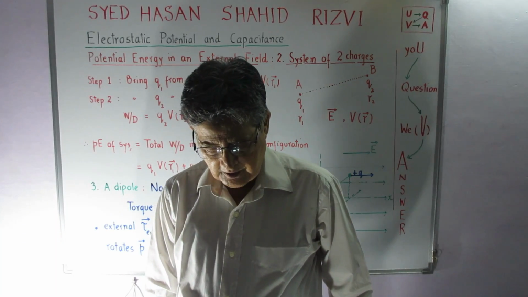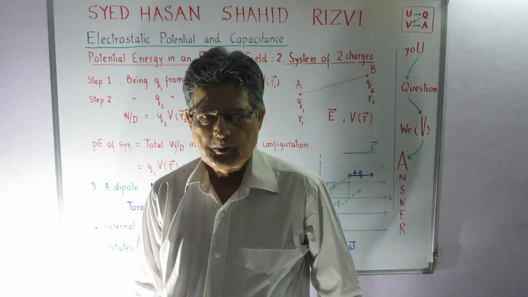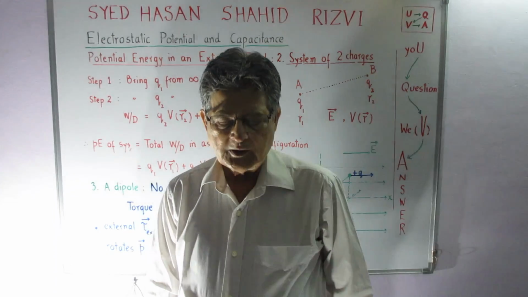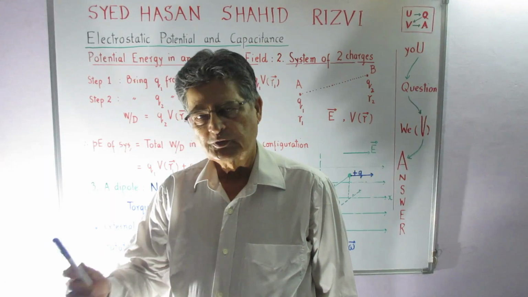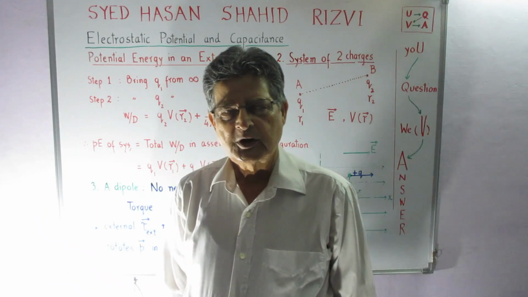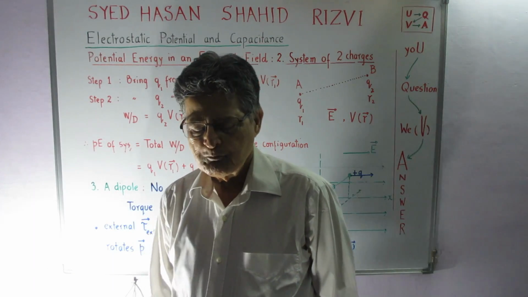So next we take another simple case, a system of 2 charges, and I expect you to extend it to a system of 3, 4, 5, 6, as many as you want. I'll just tell you the way.